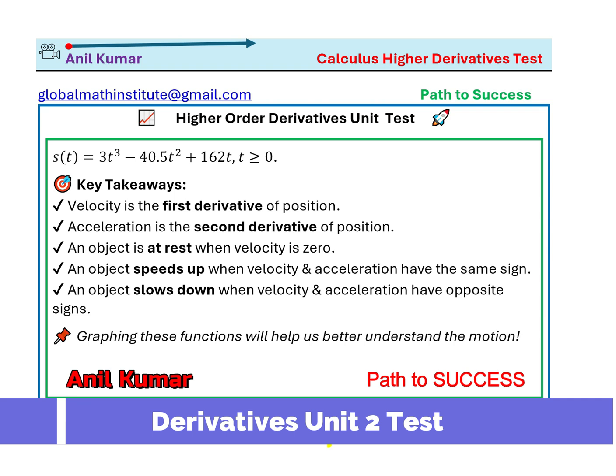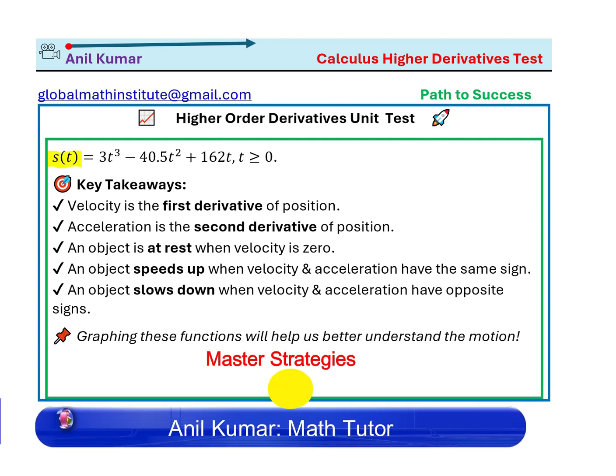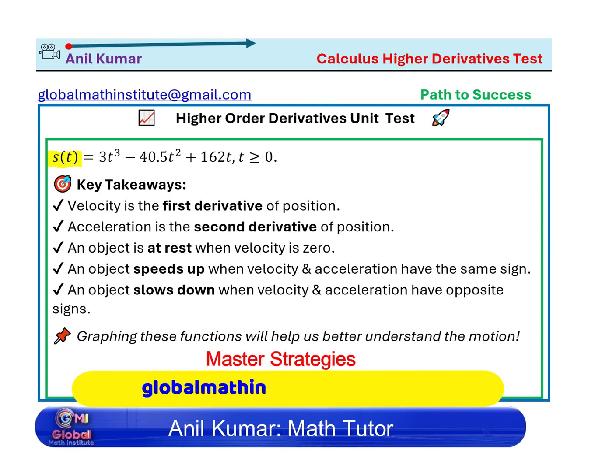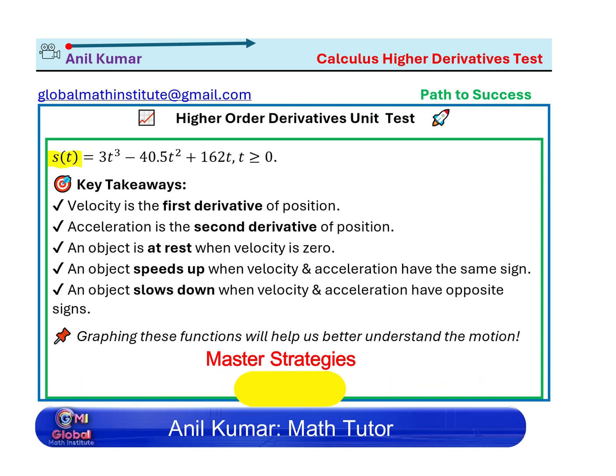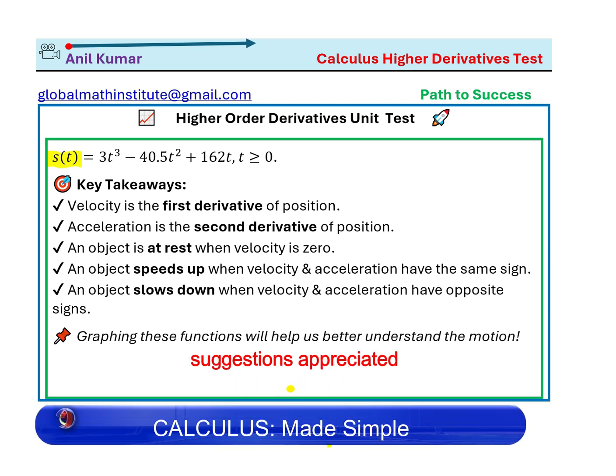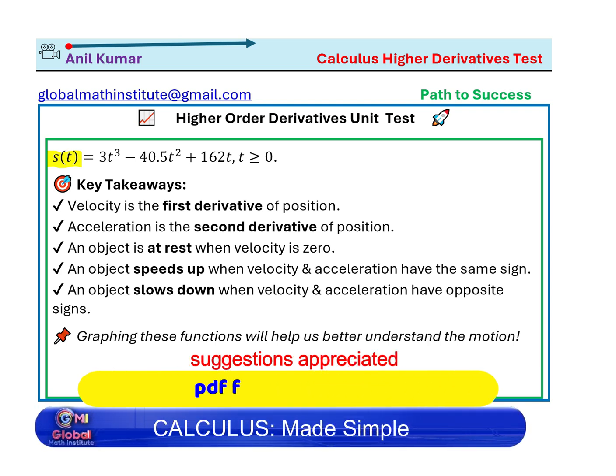So, the major takeaway for these questions is that we'll be given a displacement equation, which in this particular example is a polynomial. In following examples, we are going to change this equation to give you an overall view of how we attempt all these problems. But the basic things remain: velocity is the first derivative of position.